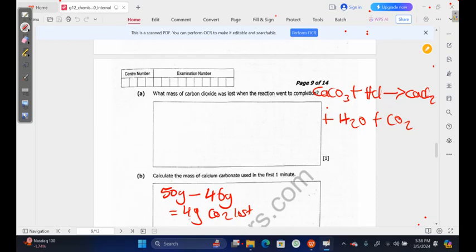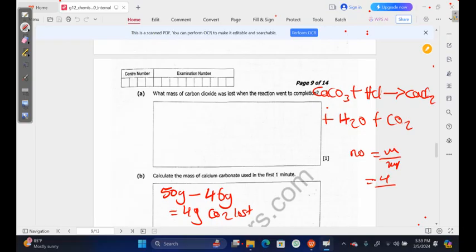So we can first of all calculate the number of moles for carbon dioxide, and we know that number of moles is equal to mass over molecular mass. So the mass which was given off for carbon dioxide in 1 minute was 4 over, what is the molecular mass for carbon dioxide? It is the total of individual masses here.